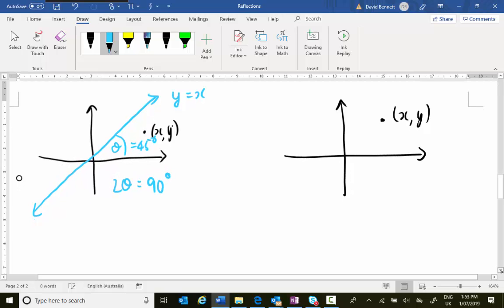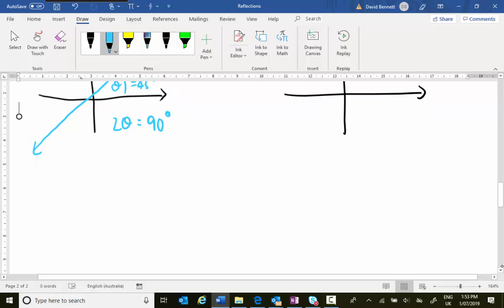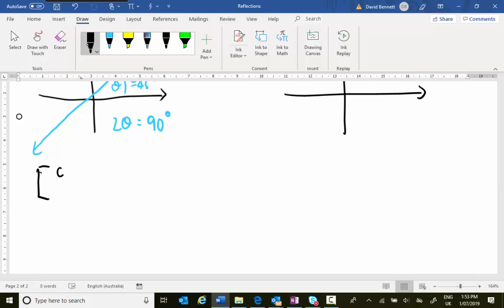Right, remember we're using cosine of 2 theta. So in our matrix over here, what's cosine of 2 theta? Well, cosine of 90 is in fact 0. Sine of 90 is 1. Sine of 90 is 1, and that's going to be 0.